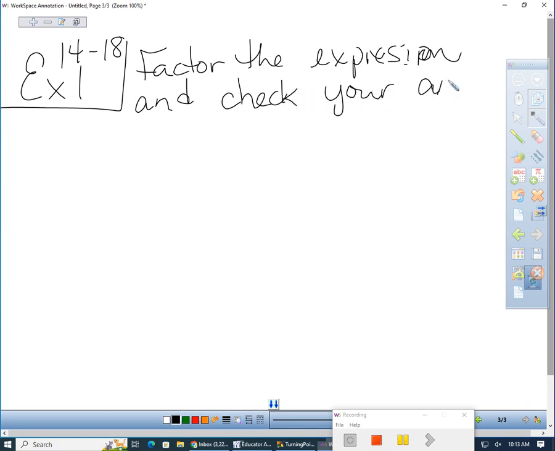Now, it asks you to do it through the entire thing. I am only asking you to do it in this first section. So, let's go with something that looks like this. How about y squared minus 4y minus 21. Again, there's no greatest common factor I can take out, so I draw my x.